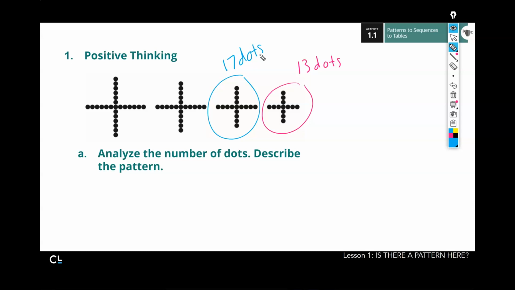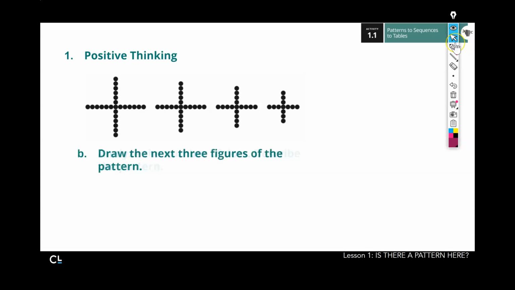So the next one would have how many dots? Take 4 away from 13 and you would get 9 dots. Part B, draw the next 3 figures of the pattern.